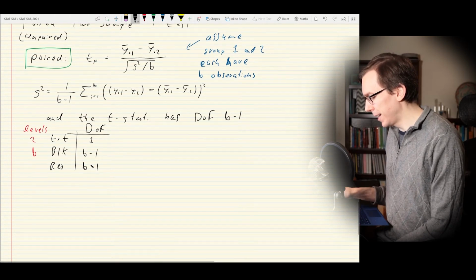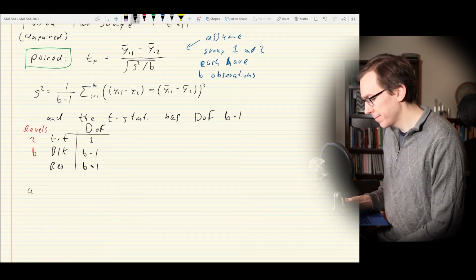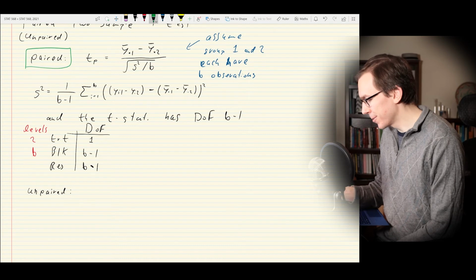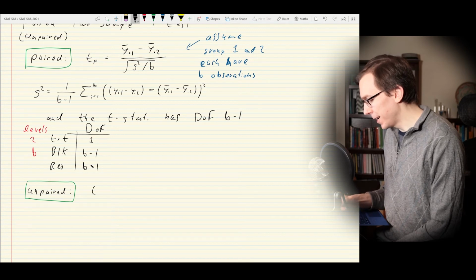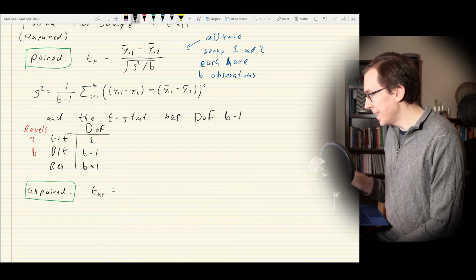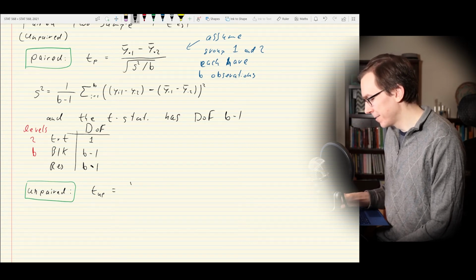What happens if we do an unpaired t-test? We'll block that off in green to make sure we see the difference. If we do the unpaired t-test, t sub u for unpaired, the numerator is exactly the same thing we had before.